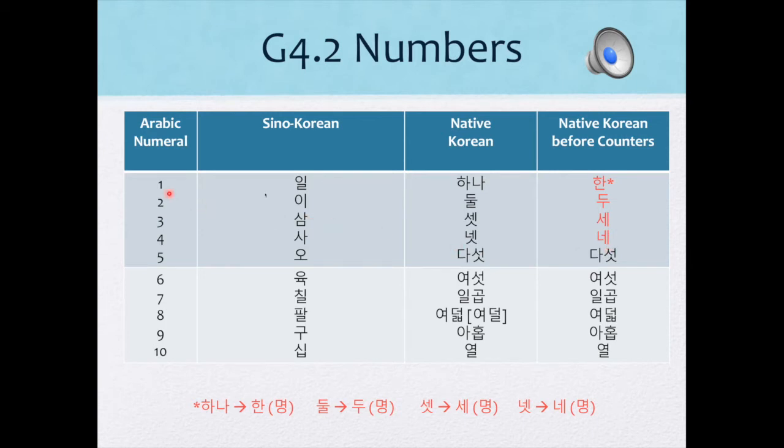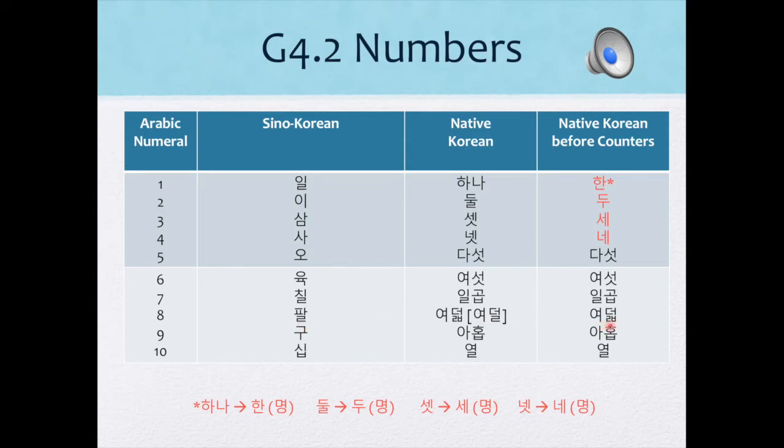So number 1 is 일, native 하나, native before counters 한. I'm going to just read across. 이, 둘, 두. 삼, 셋, 세. 사, 넷, 네. 오, 다섯, 다섯. 육, 여섯, 여섯. 칠, 일곱, 일곱. 팔, 여덟, 여덟.